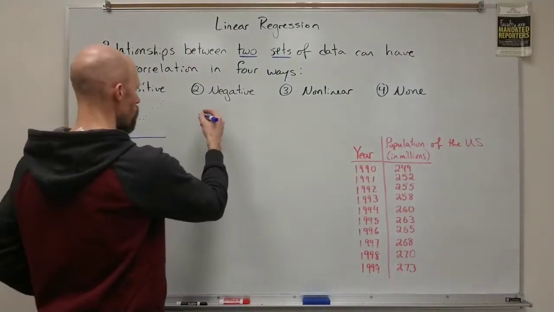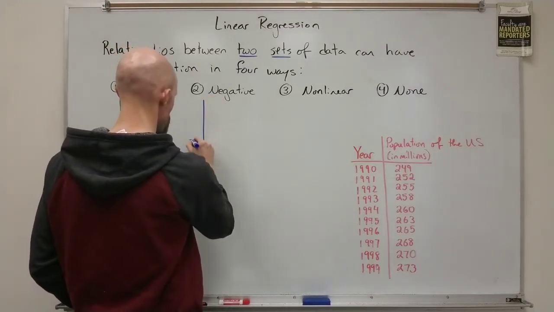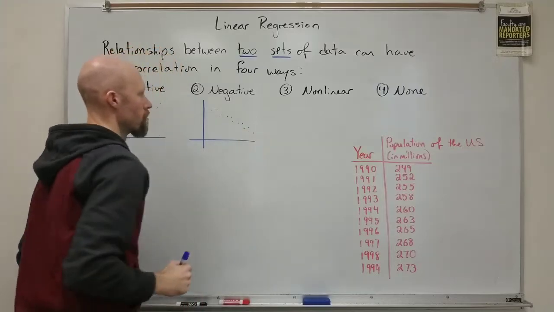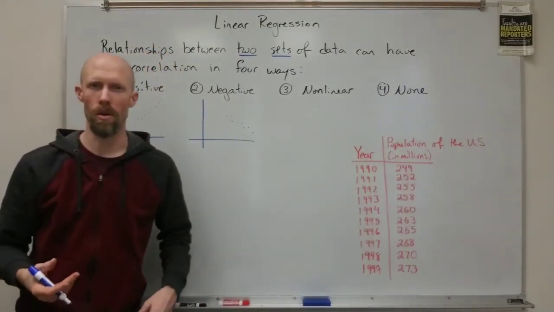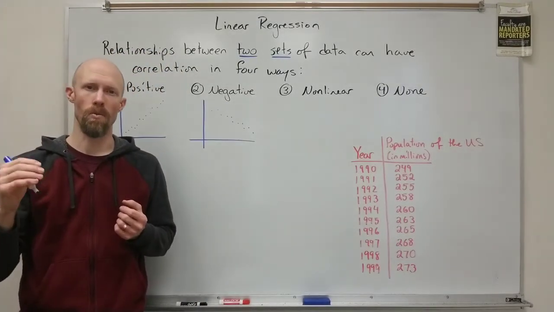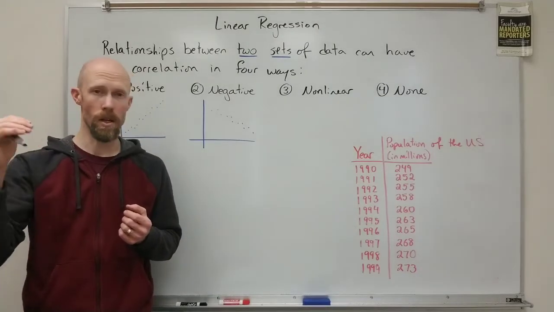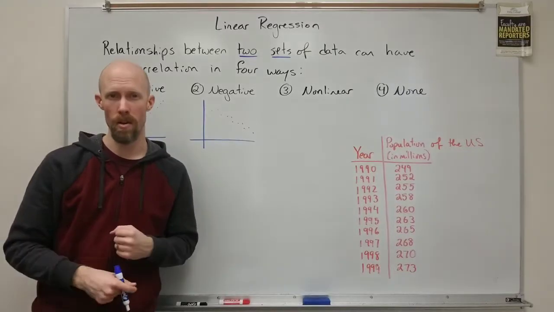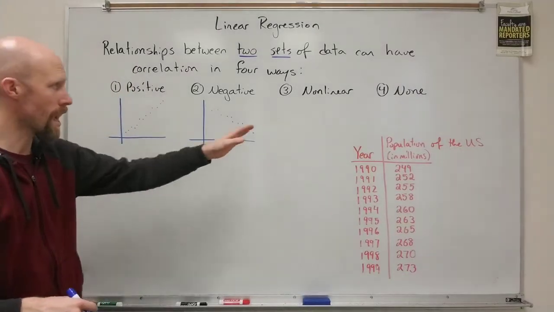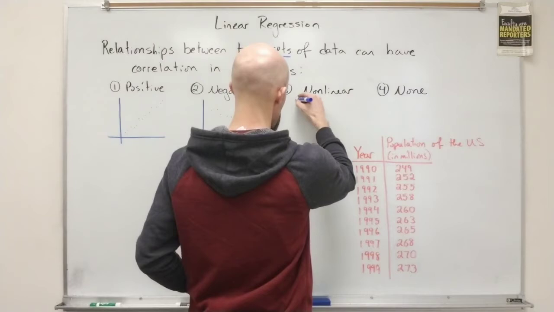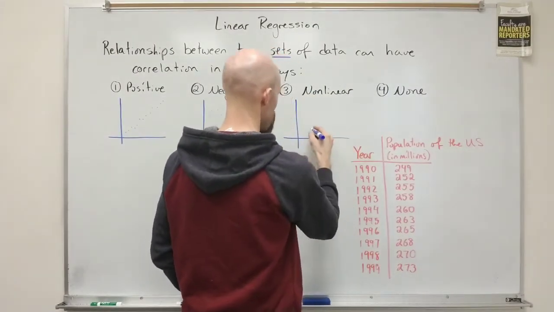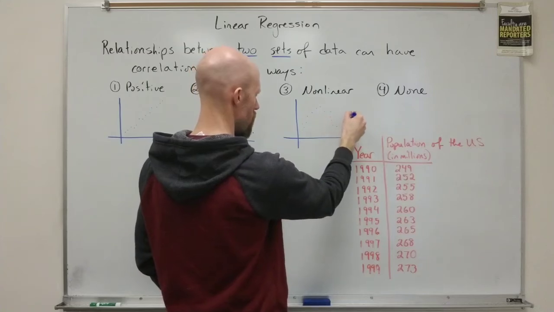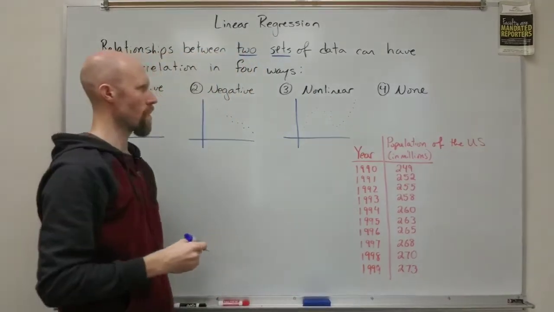A negative correlation, you would have some sort of negative linear relationship, I should say, where the points are decreasing at a relatively steady rate. If you had a nonlinear correlation, there might be some sort of pattern, but maybe that pattern has some sort of increase followed by a decrease, followed by another increase.